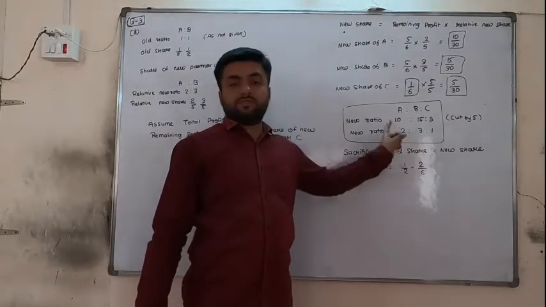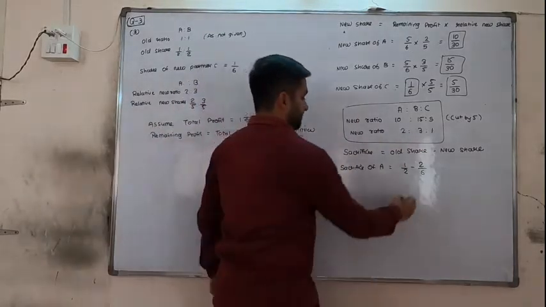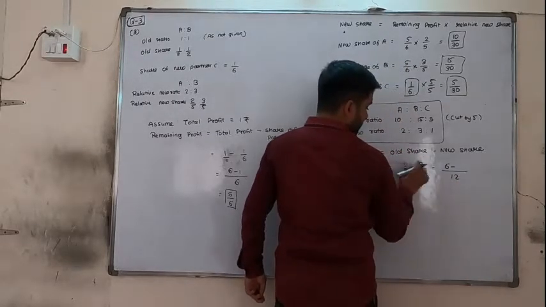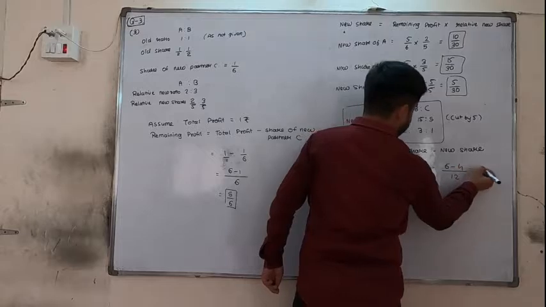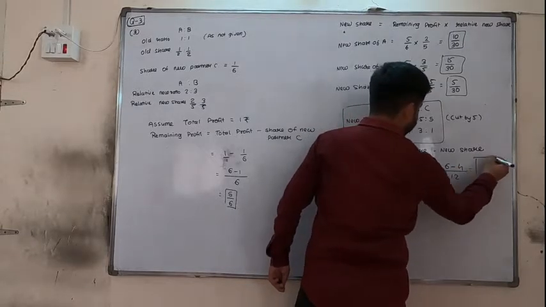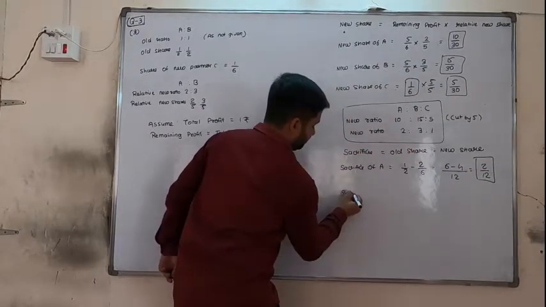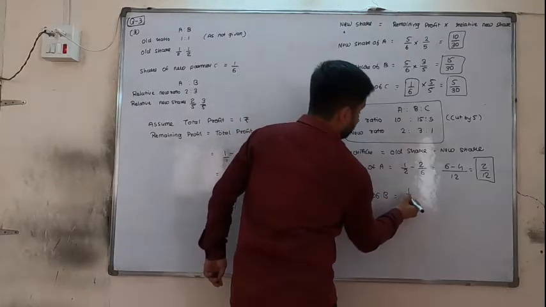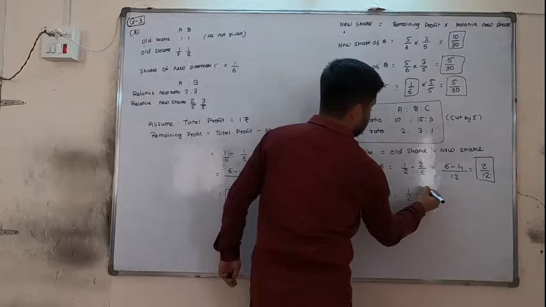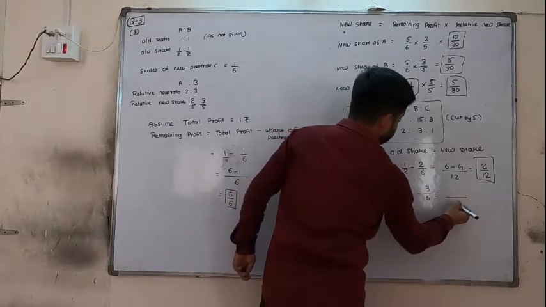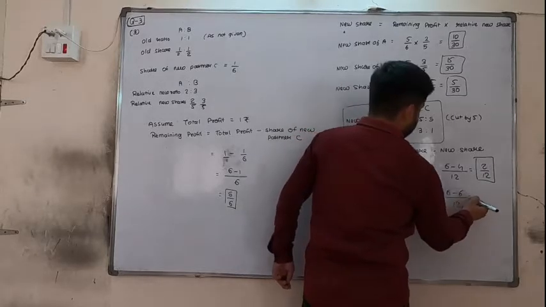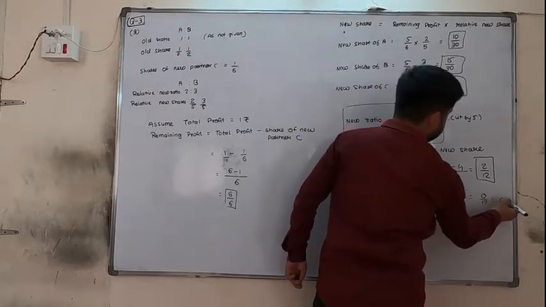Because this is the new ratio, so new share can be from here. 6 2s are 12, then 6 1s are 6, 2 2s are 4, 2 by 12. Sacrifice of B. B's old share is 1 by 2, B's new share is 3 by 6, 6 2s are 12, 6 1s are 6, 3 2s are 6, 0 by 12 is 0.